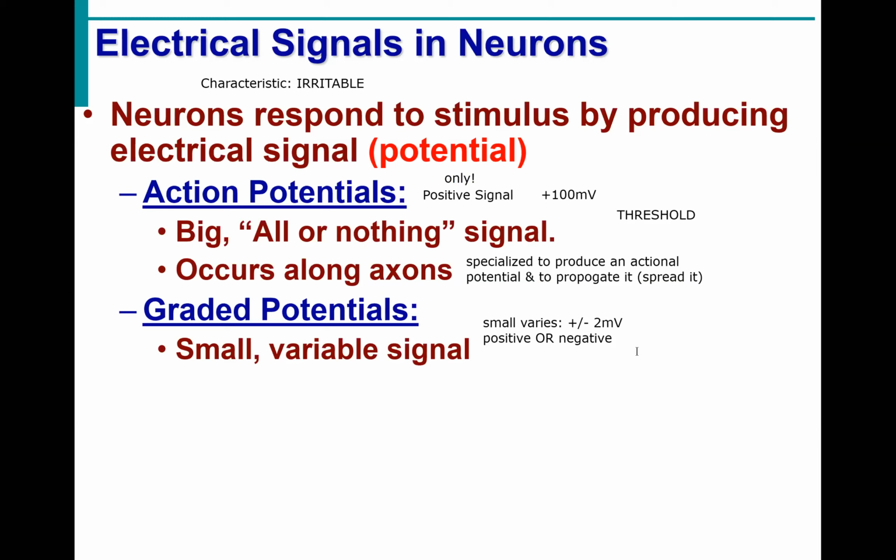On average, plus or minus 2, maybe it can be as high as plus 5, but it could also be as low as plus 0.5 millivolts. It is going to be variable. It's small, variable, and because it's variable, it can only travel short distances. It's not able to go very far. Remember, our action potential can go literally meters.